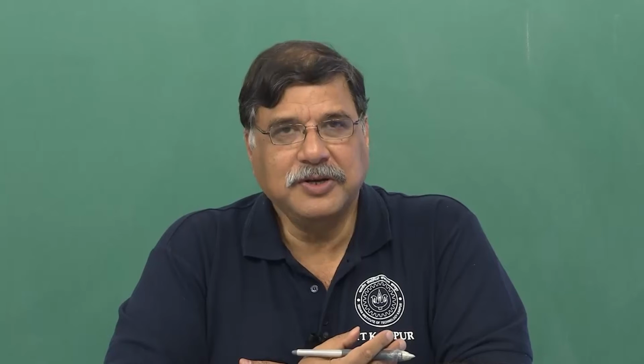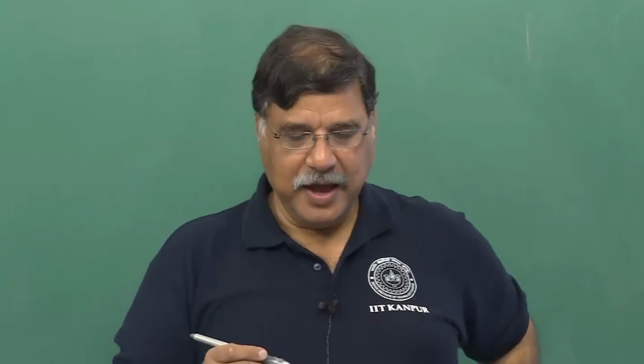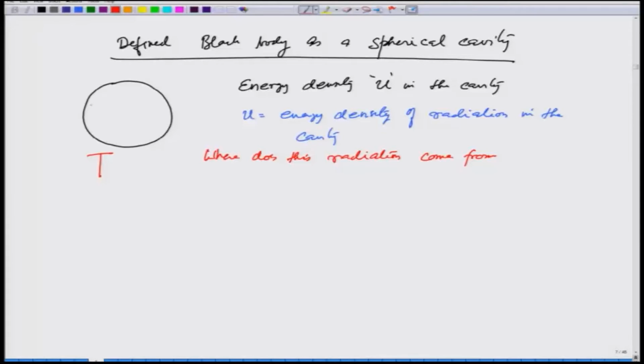With temperature this radiation is generated, and the cavity gets filled with it. If I make a small hole in the cavity, the radiation starts coming out of here, and it is this radiation that we study.